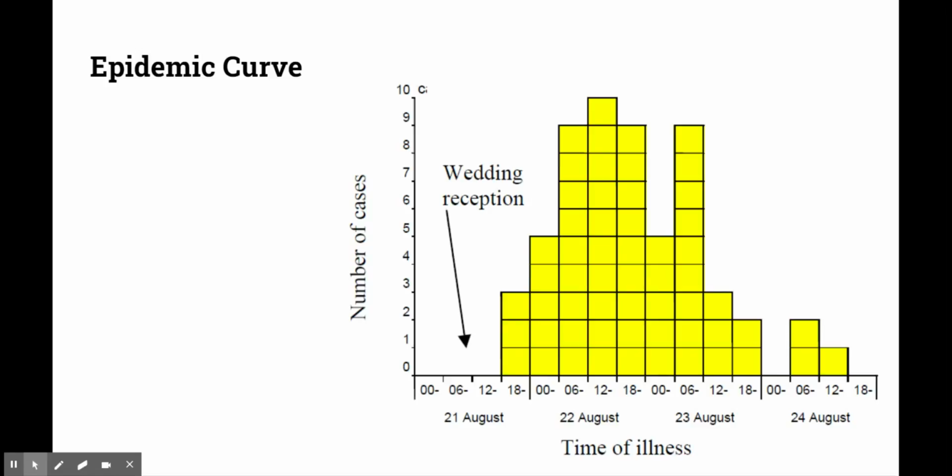And it looks something like this. If you see on the x-axis, you have time, okay? And on the y-axis, you see just the number of cases. So essentially, this is just a histogram, but it tells you a lot about what's going on.